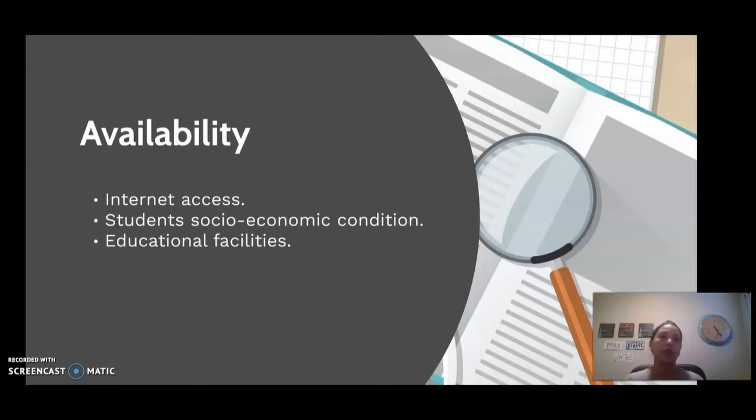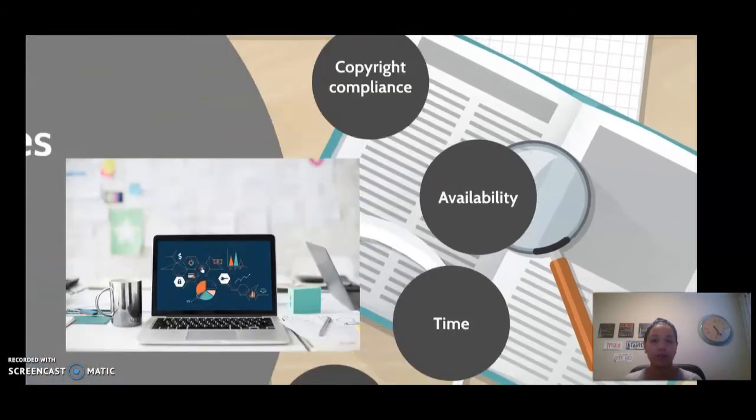Or maybe my students don't have access to internet if they're at home. So it might be very difficult for them, right? And especially I have to understand that not all my students may have a computer or a tablet due to their socioeconomic conditions, right? And educational facilities, it was about the computer labs example.